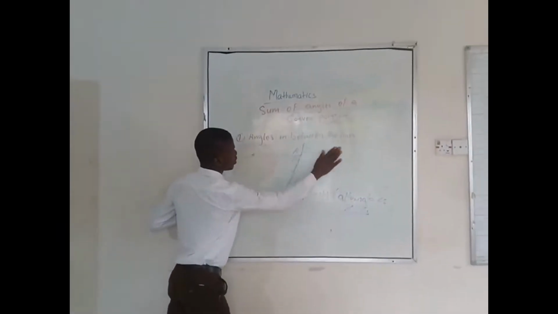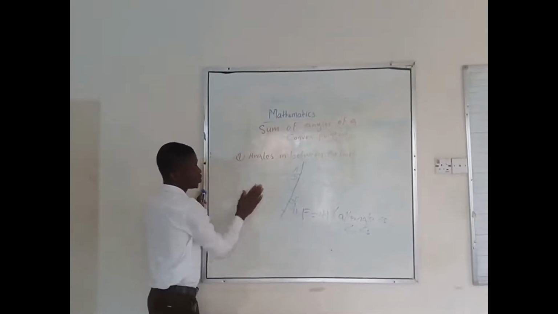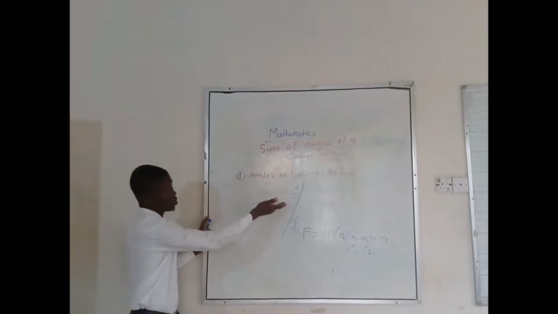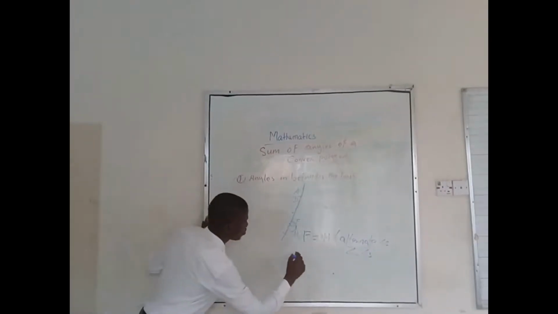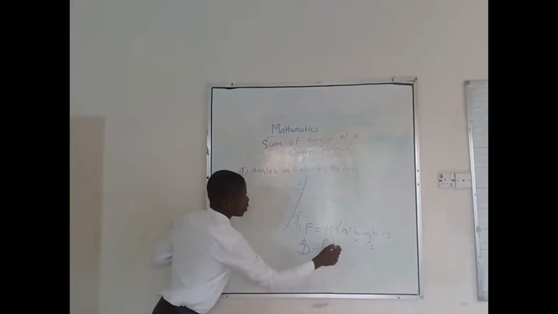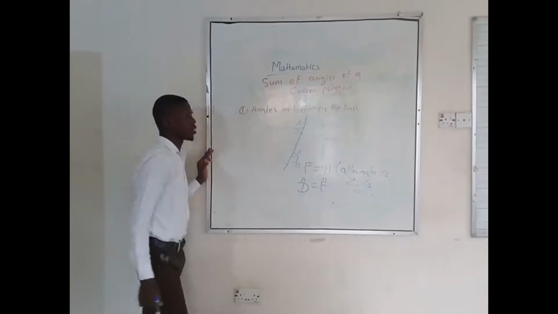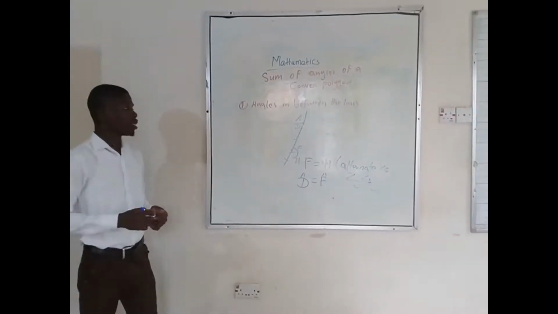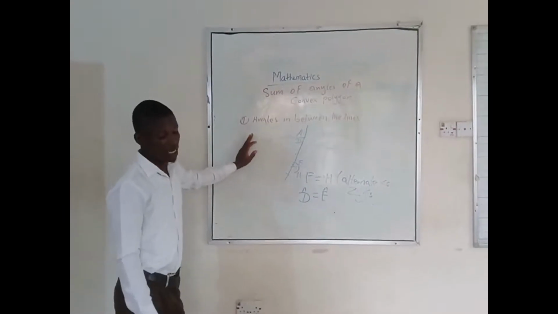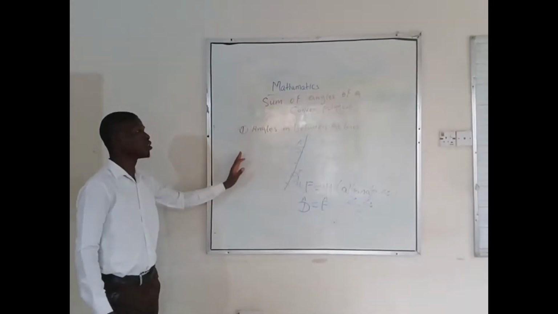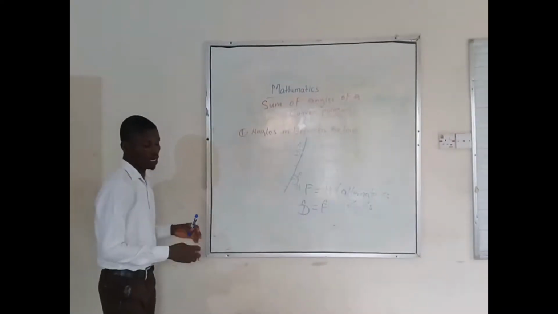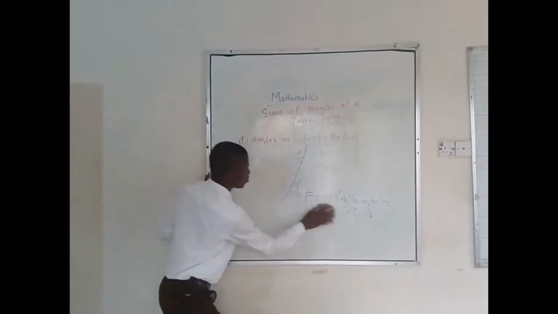See, this is Z. Then we have D. Angle D equals angle E, which is the same thing as alternate angles. So these are the properties of angles in between the lines. For now, this is where we'll stop. Let's solve one or two examples, then we'll push on to the next subtopic.